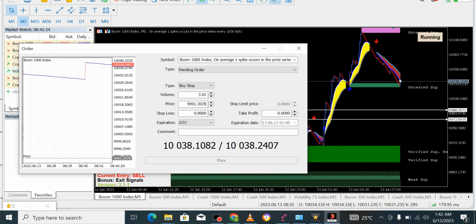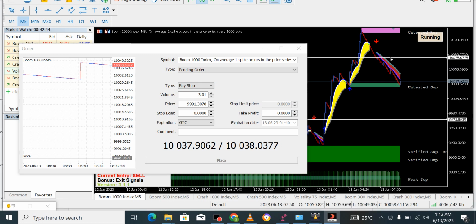The parameter you are supposed to use should go below the current action price. So if you had used this, definitely you won't be able to place the order. You can see it right there, because buy stop will not work for it. But if you had placed the parameters around here, buy stop will work for it.